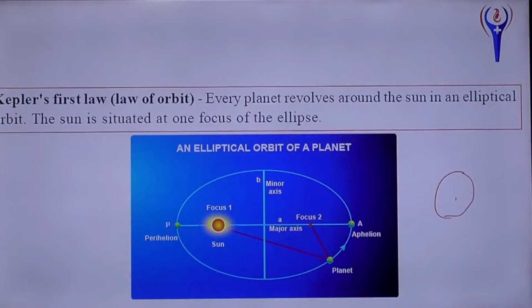That only we call focus. All the planets revolve around the sun in an elliptical orbit only, with the sun at one focus. For example, for Earth, the sun will be at this focus. For another planet, the sun may be at this focus. But whatever, the sun is situated at one focus. That is Kepler's law of planetary motion, also called the law of orbit.